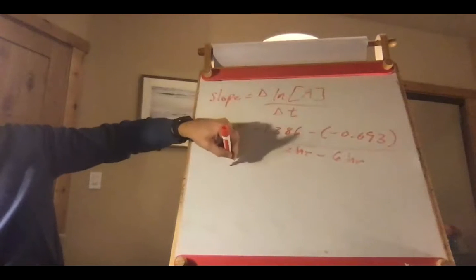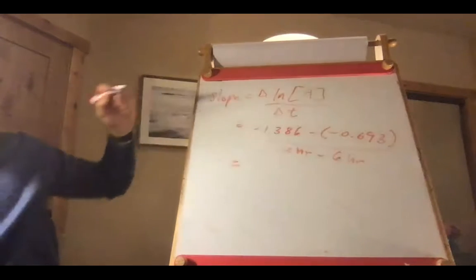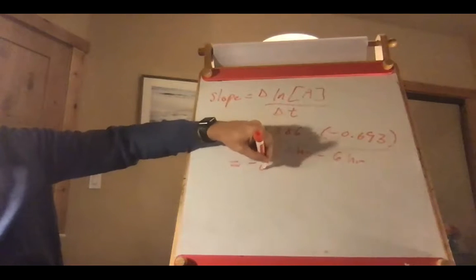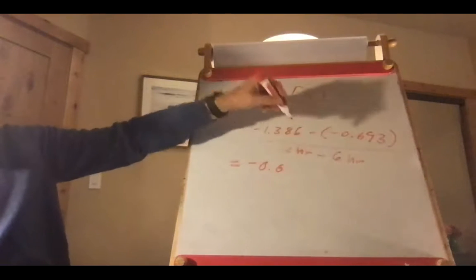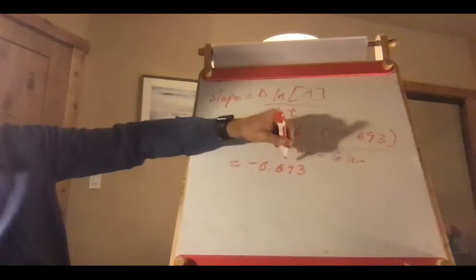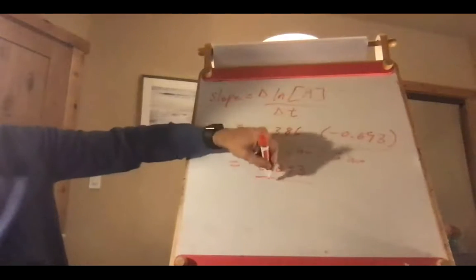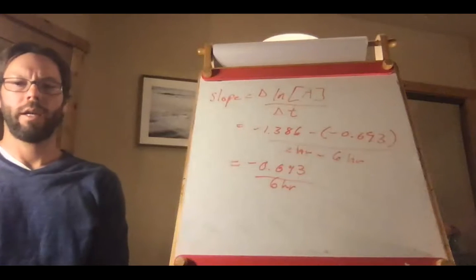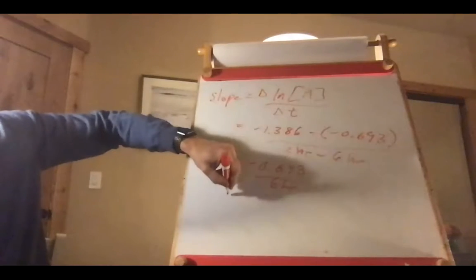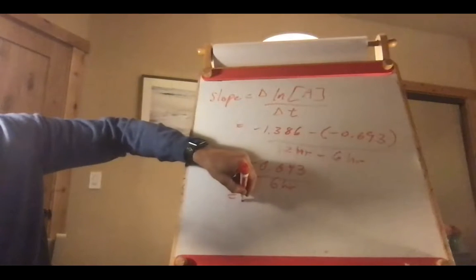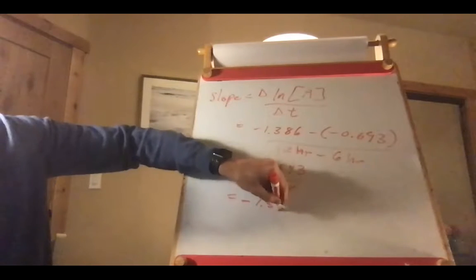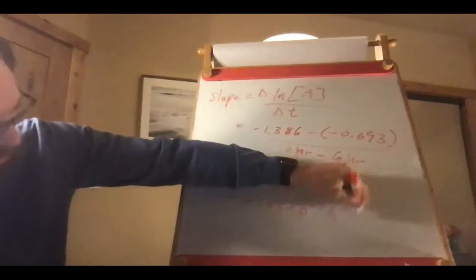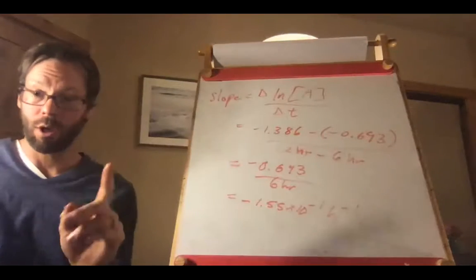And so with that, we get negative 0.693 over 6 hours. And that's going to be equal to a negative 1.55 times 10 to the negative 1 per hour. That's slope, right?